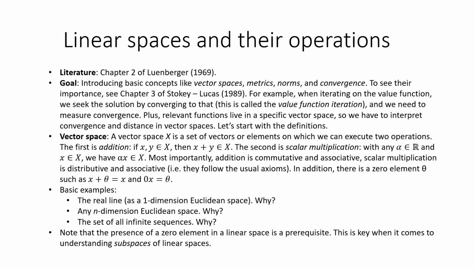When iterating on a relevant vector space, we converge towards the solution. So we need to understand convergence, and we also need to understand how we measure convergence. Broadly speaking, convergence is measured by distance.